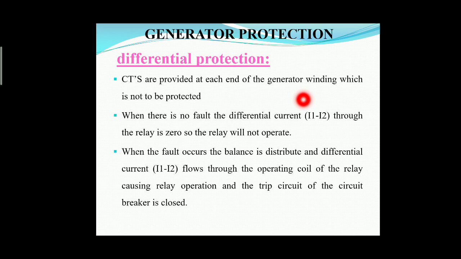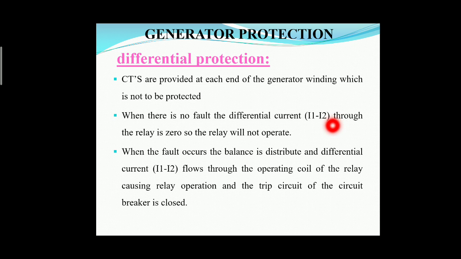When there is no fault, the differential current I1 minus I2 through the relay is 0. The difference between the two CT currents, I1 of CT1 and I2 of CT2, will be equal to 0, so the relay will not operate.